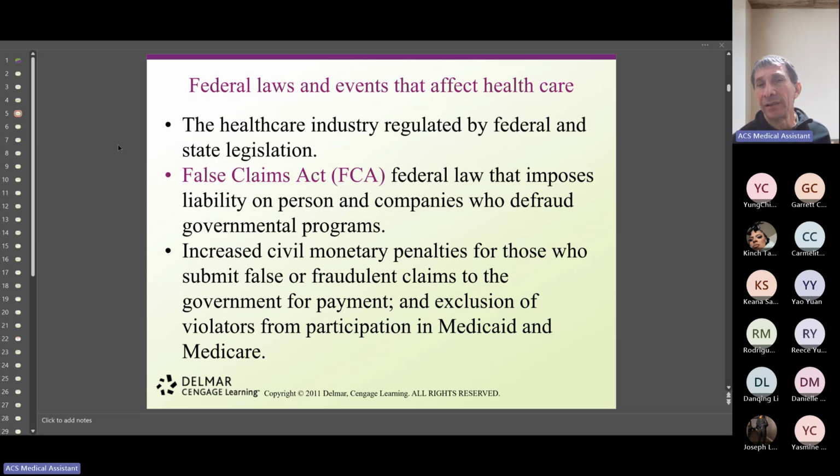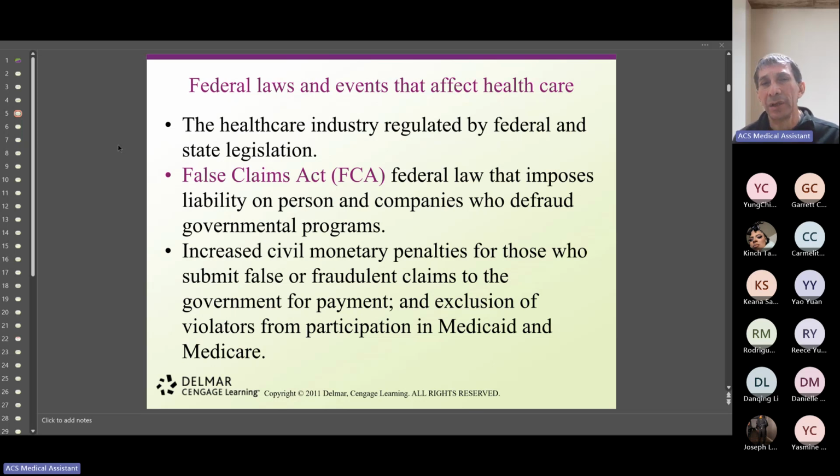Federal laws and events that affect healthcare. There are many things that affect healthcare, but there is nothing like fraud. Remember, fraud is very, very common in medical. Hospitals have been closed, medical offices have been closed, and medical doctors have lost their licenses and been sued, and a lot of other consequences.